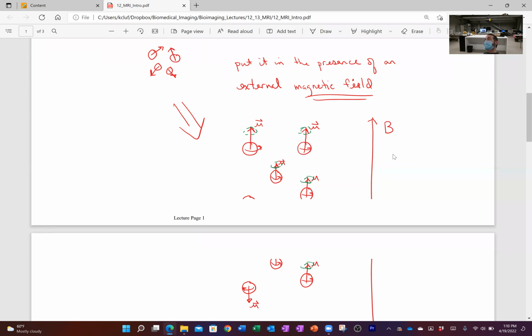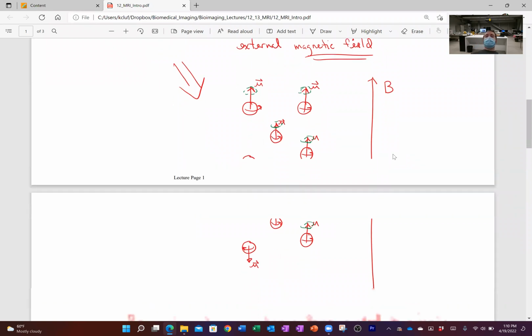They typically will align in two different ways. They'll either align parallel like this, or anti-parallel like this. Whichever state is stable, they'll align to. Most of them are going to align in this parallel state.